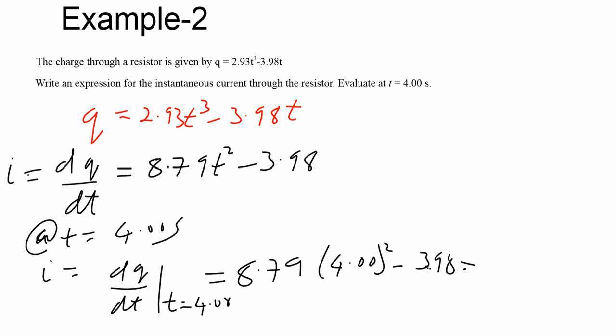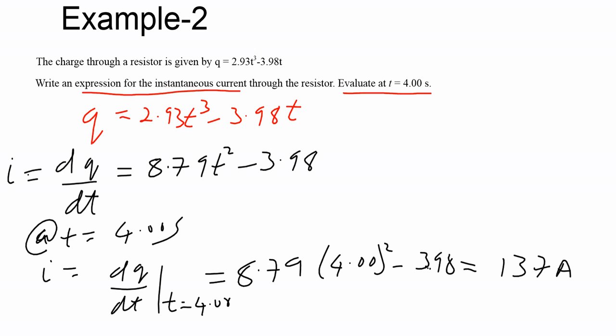And the answer here, you get approximately 137 amps. Yeah. So remember, you are asked to find the expression for the instantaneous current and then evaluate.